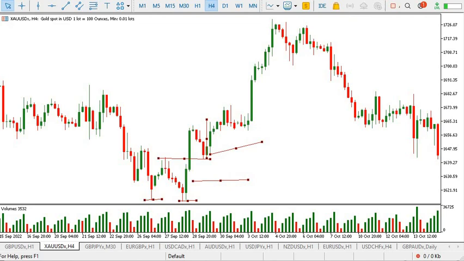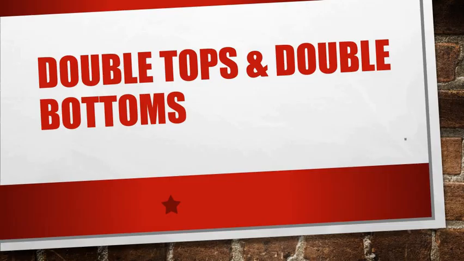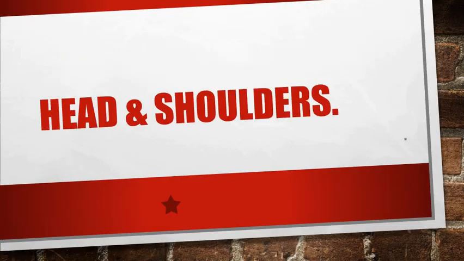So now we will move toward the head and shoulder pattern. The head and shoulder pattern is also a trend reversal formation, and it completely turns the trend from uptrend to downtrend. Let me show you its simple illustration.